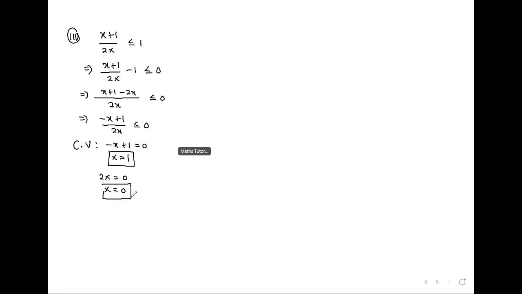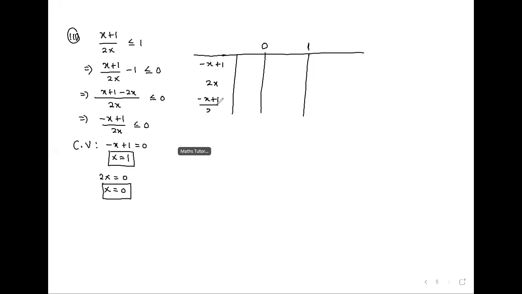Then you form a table: 0, 1, like this. So we have negative x plus 1, we have 2x, and then we have negative x plus 1 over 2x.